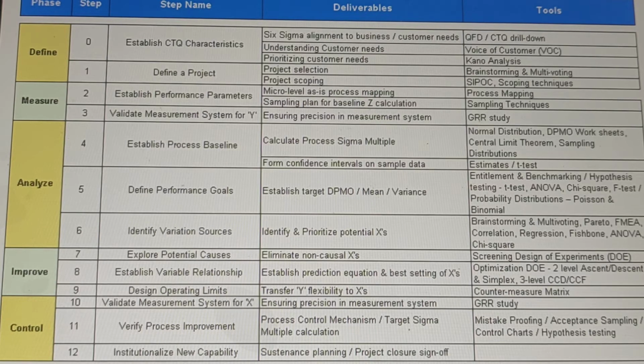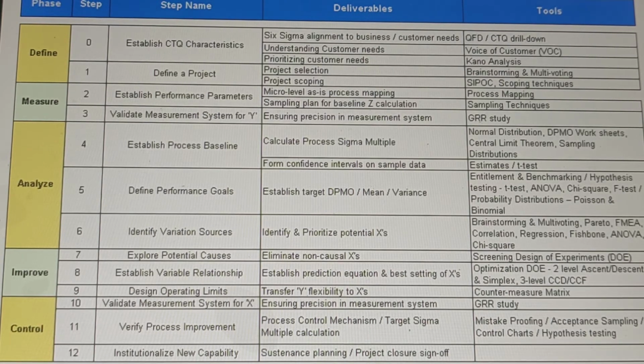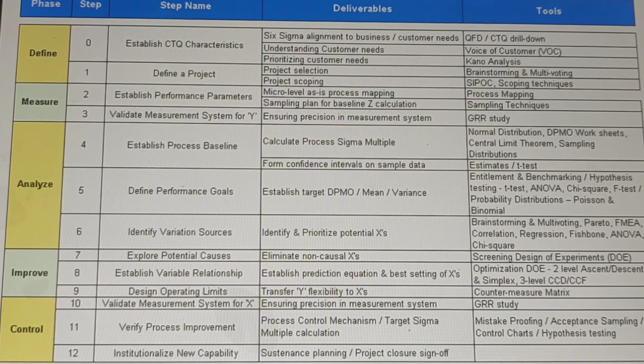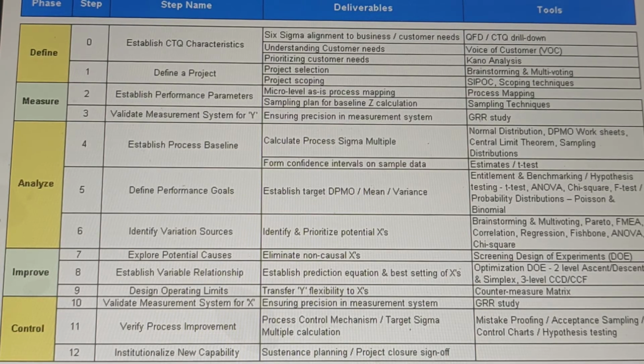For defining CTQ, there are various tools and various methods. Here, in a short nutshell, we will discuss. In later lectures we will discuss in detail, like QFD and CTQ drill down.